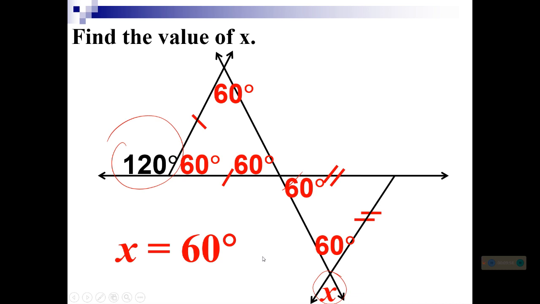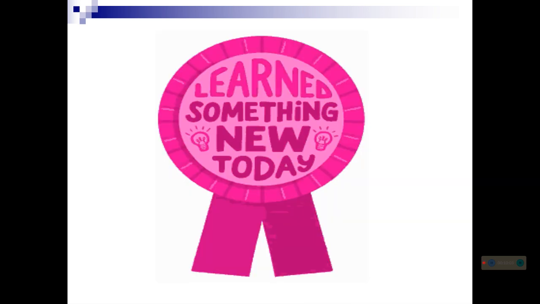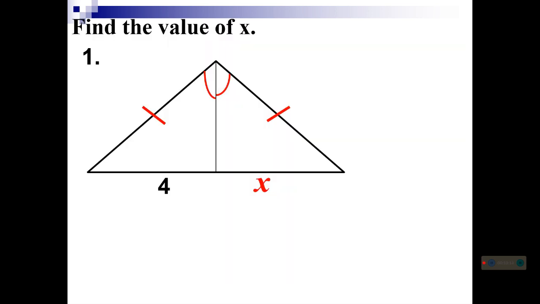Any question? Okay, next. I hope that you have learned something new today, wherein you are going to analyze the given figure by applying all the definitions that we have on our previous topics.